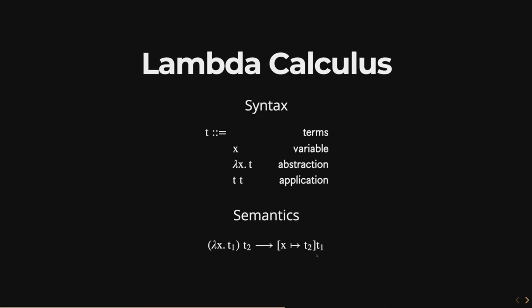And there's no prescription even of an evaluation strategy, right? So it doesn't say which term is going to be evaluated when, etc. The syntax has three constructs: a variable, an anonymous function, essentially, which is called the lambda abstraction, right? With one argument, the argument is x, and here's the body, right? And then application, right?